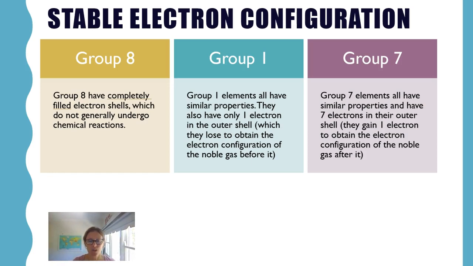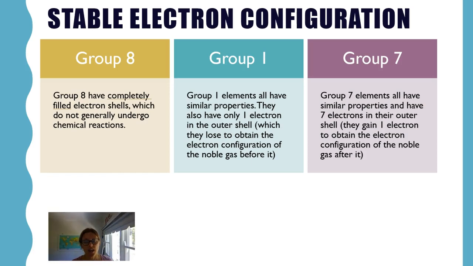Looking at this electron configuration, however, can provide us with a great deal of information about its chemical reactivity. So if we look at group 8, they have completely filled electron shells and don't generally undergo chemical reactions. Now that's the electron configuration most elements are aiming for.